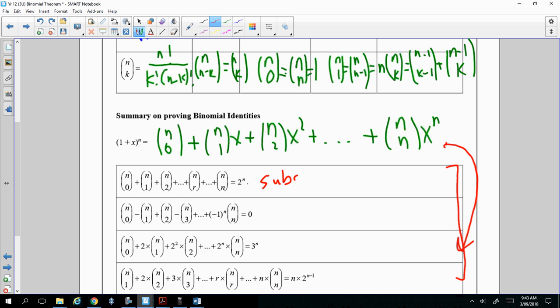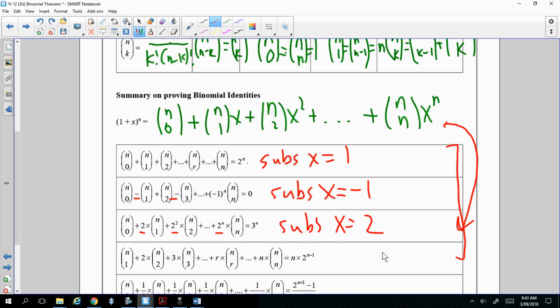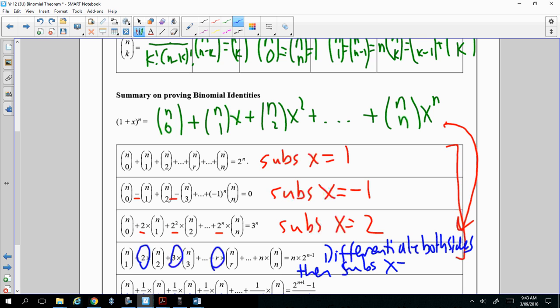And then this one, when you see consecutive, what do you do? You differentiate both sides, and then substitute x equal to 1. Right? And how about this one? You integrate both sides. When you see fractions, integrate both sides, and then substitute x equal to 1.